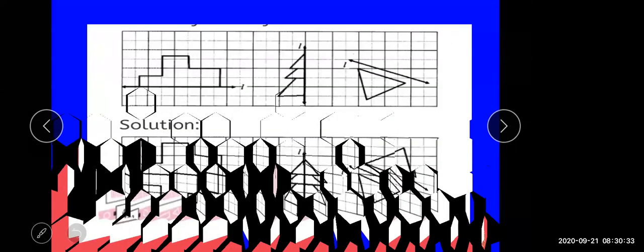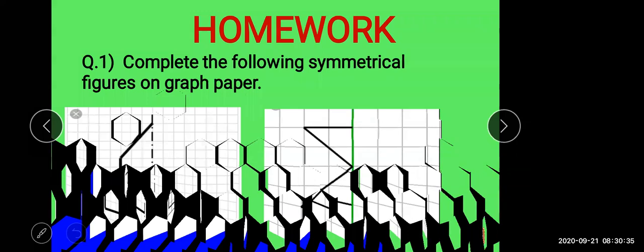Complete the following symmetrical figure on graph paper. Okay, taken. Make this symmetrical figure on graph paper.